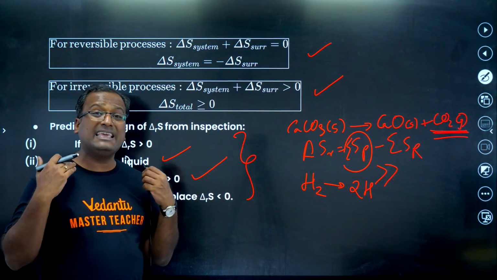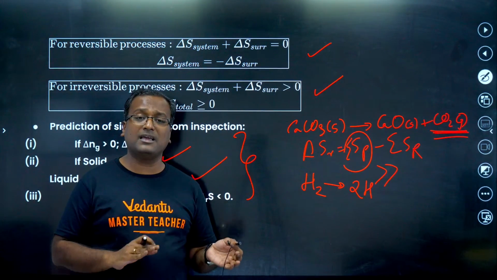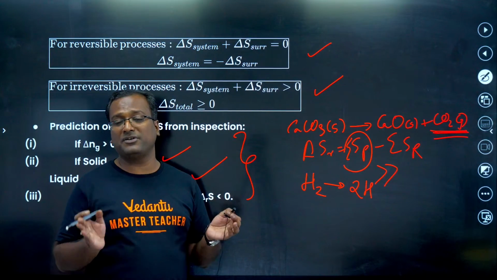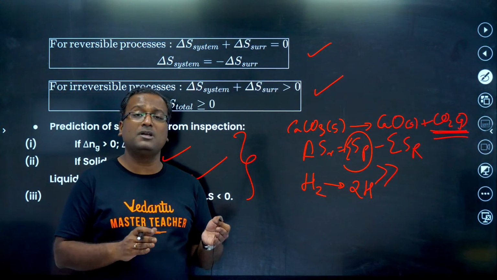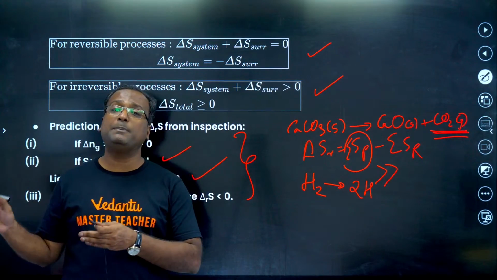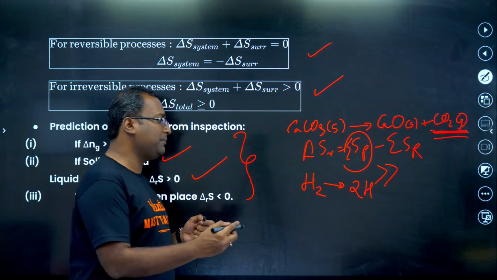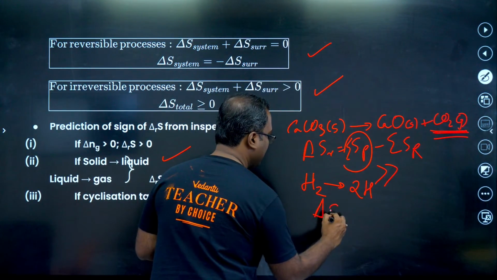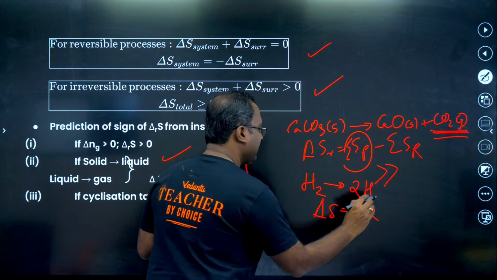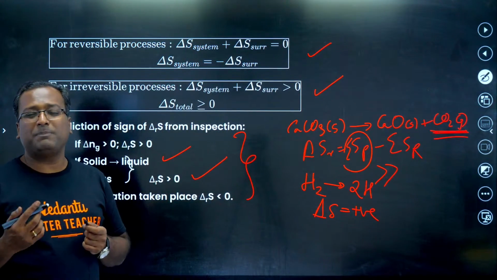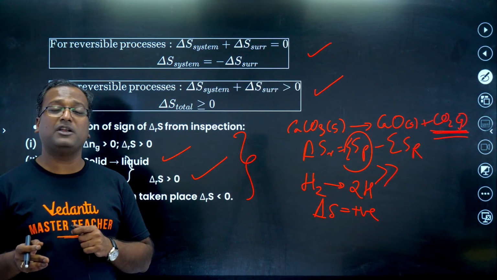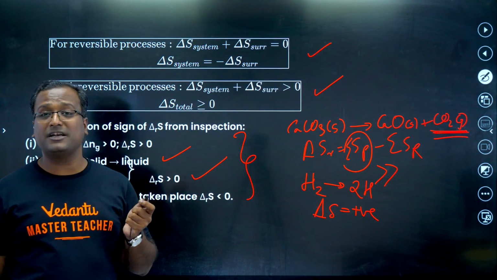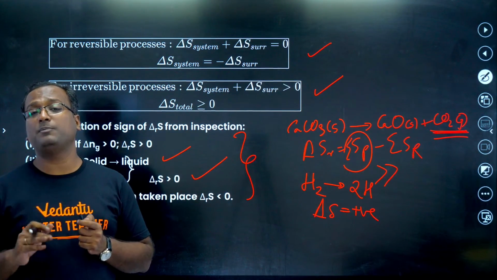Although a single atom in comparison to a single molecule would give a different answer, here we are not comparing a single atom and a single molecule. One molecule is giving multiple atoms. So overall entropy change is positive. If we had compared H2 with a single H atom, then we'd get negative. But when you're comparing H2 with all its constituent atoms, it's always a positive value.